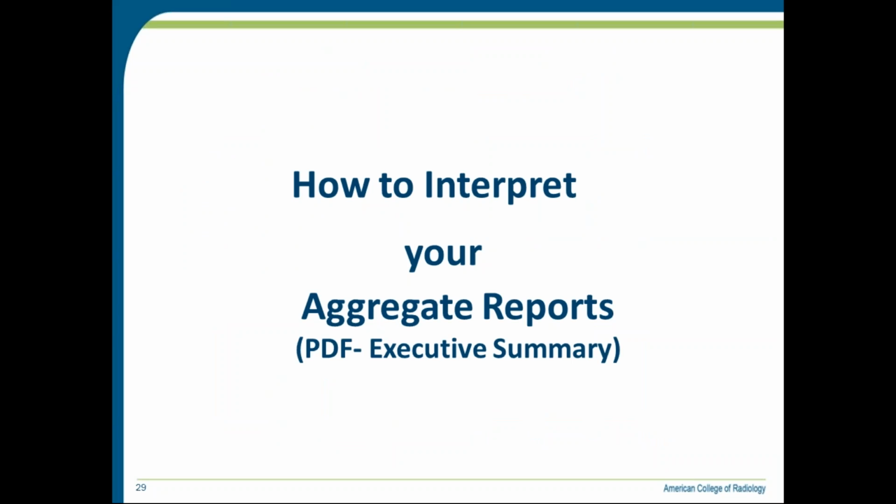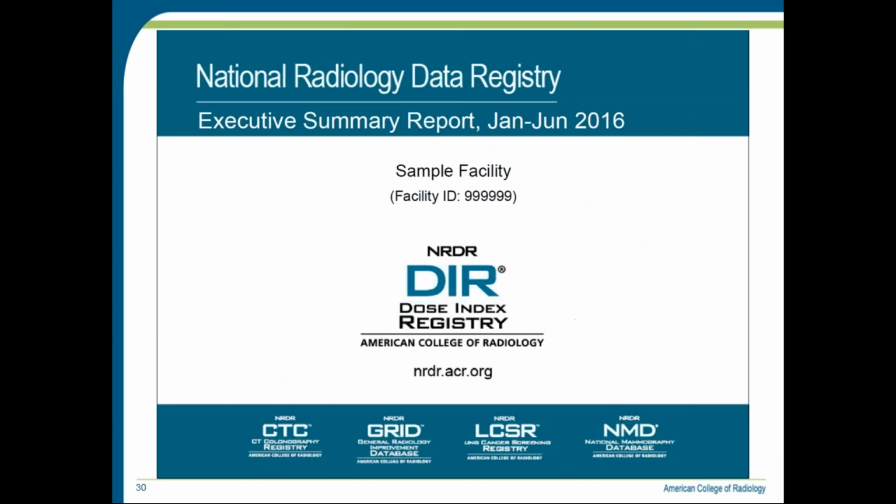Now let's move on to the PDF executive summary report. This is a high-level summary report and summarizes all your exams so that you can get a snapshot of your facility performance, especially if you need to print out some high-level summaries and present them to someone else, then this is a good place to start.